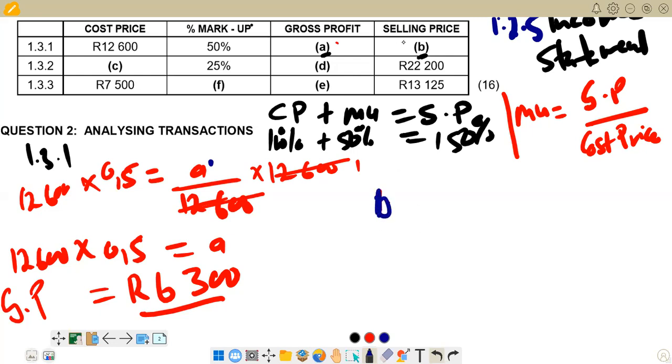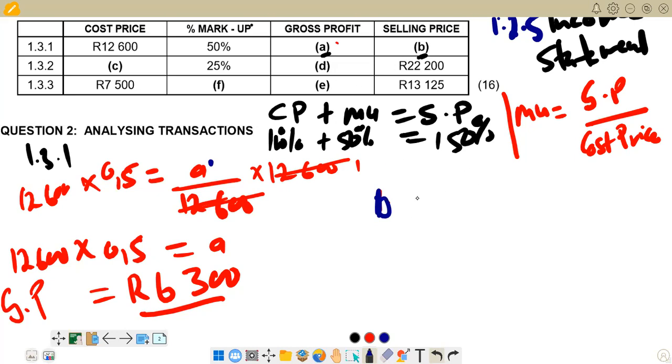So B now, we are saying this is our selling price. Remember, we say cost price plus markup will give us the selling price. So to find the selling price, which formula can be most appropriate there? Let's try to see. We'll also use the formula to find our gross profit.